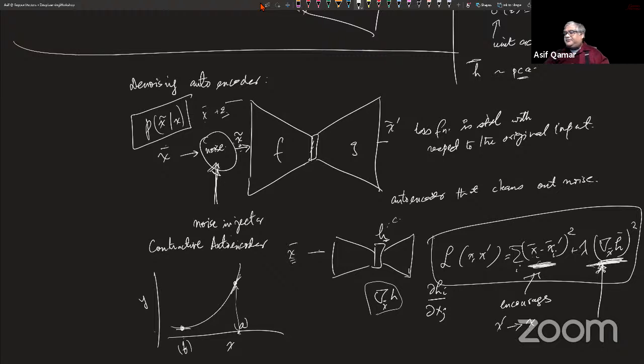And then there is a penalty factor that prevents it from being oversensitive to it. So with both the denoising autoencoder and the contractive version, by the way, this is the Jacobian term that penalizes oversensitivity.